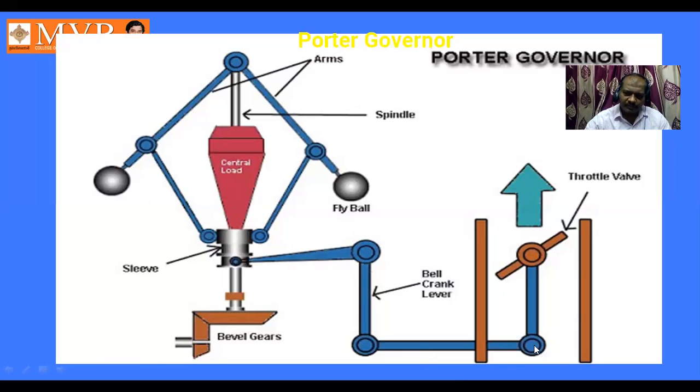To compensate that, in between these two, the Porter governor exists. This is how the Porter governor can be differentiated from the Watt governor. We add the central load; this is the only difference, and all the remaining things are common. So due to this weight, what is the relation that is going to affect the Porter governor? We are going to solve it.